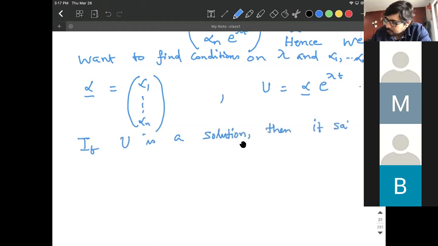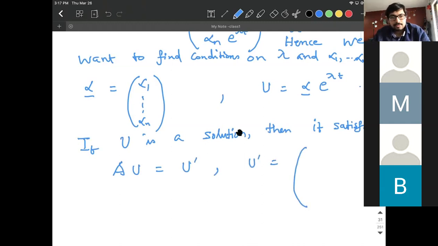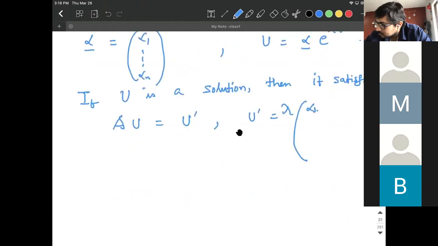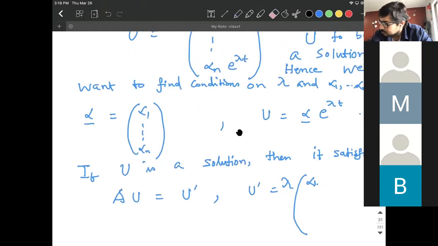Now, if U is a solution, then it satisfies AU equals U prime, right? Now, U prime is obtained by taking the derivatives on each component. So U prime is given by lambda alpha 1, alpha 2 up to alpha n times e to the lambda t.